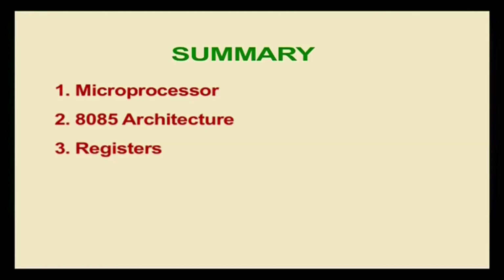Then we saw the architecture of the 8085: the programming model, the various registers and their functions, general purpose registers, special purpose registers, and the 16-bit registers, that is the program counter and the stack pointer. In the coming class we will see more about the working of the processor, the stack pointer and the other registers.